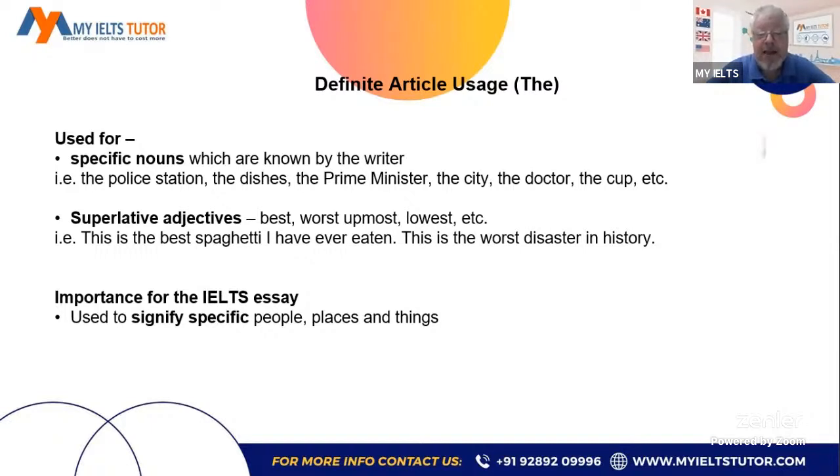But when you want to specify specific people, like the policeman on duty, for example, the doctor on duty, those are specific people. Places, although you're not going to use place names, such as you won't say the Chandigarh, the Delhi, okay? And then specific things, for instance, the mouse in my hand, right?